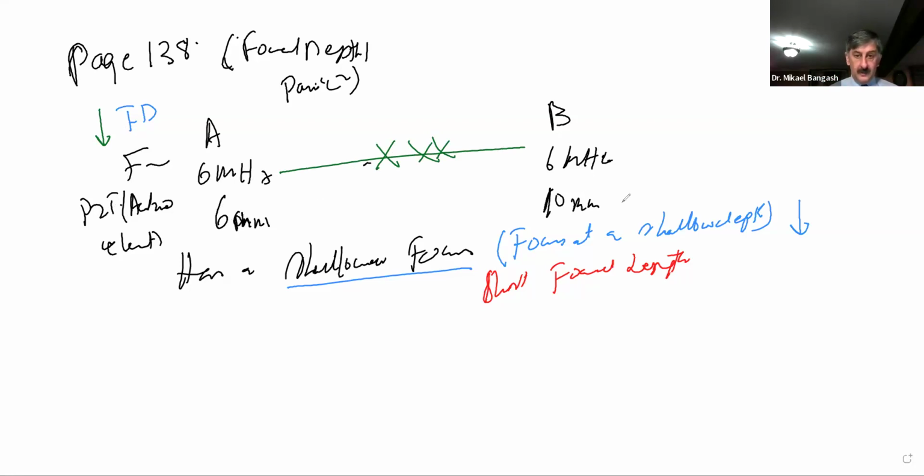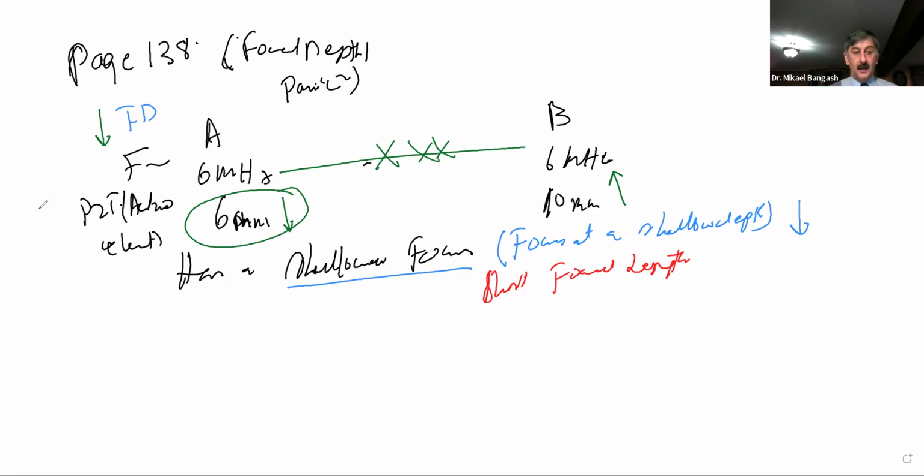So here, this one will have a greater focal depth or focus at a deeper depth, whereas this one will have a shallower focal depth. So the one which had a 6 millimeter PZT would be the one with the shallower focal depth.